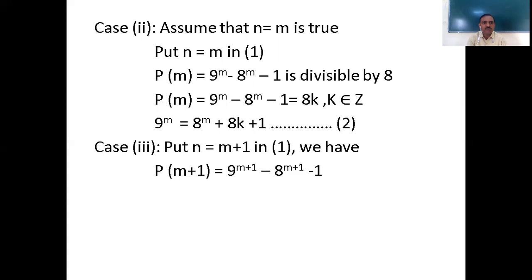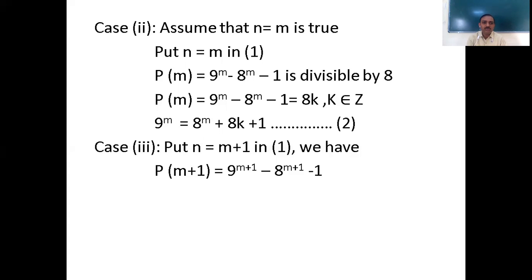So P of m equal to 9 raised to m minus 8 raised to m minus 1 equals 8k, because it is divisible by 8, so we will get an integer k belonging to Z. At last we can modify this, because it is required in case 3: 9 raised to m equals 8 raised to m plus 8k plus 1. This is equation 2.